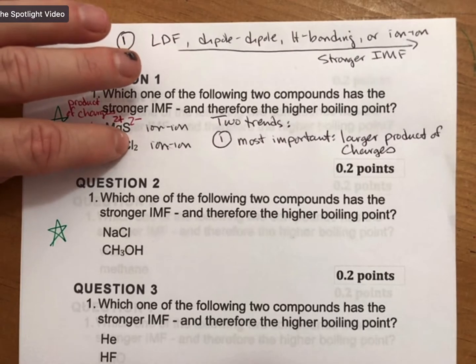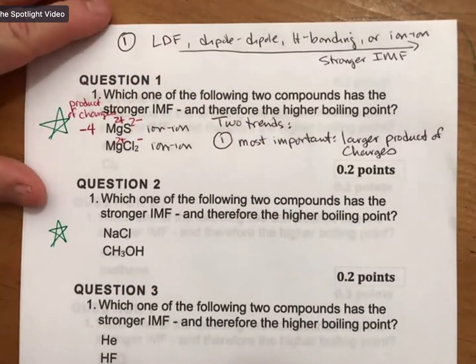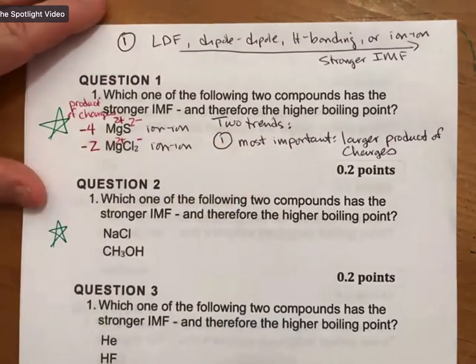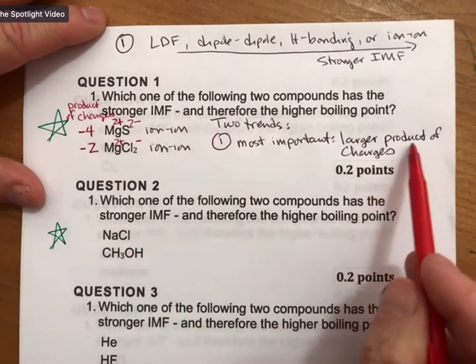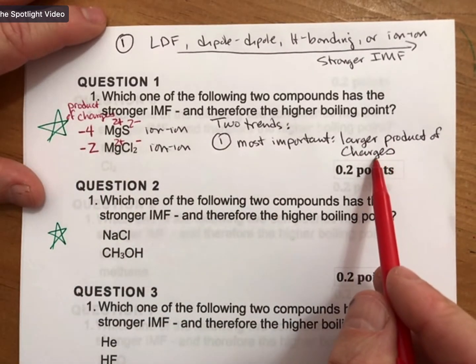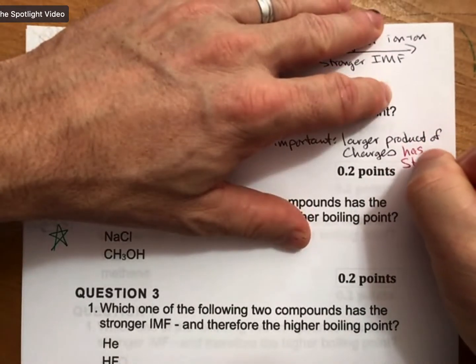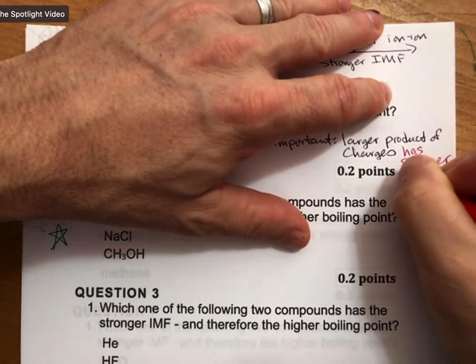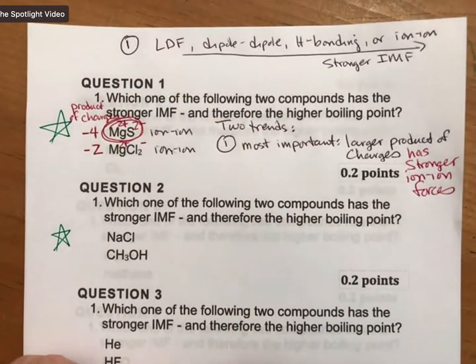You only do the charge for one ion, even though there are two total. So 2 times -1 is -2. So the larger product of charges has stronger ion-ion forces. And so our answer is magnesium sulfide.